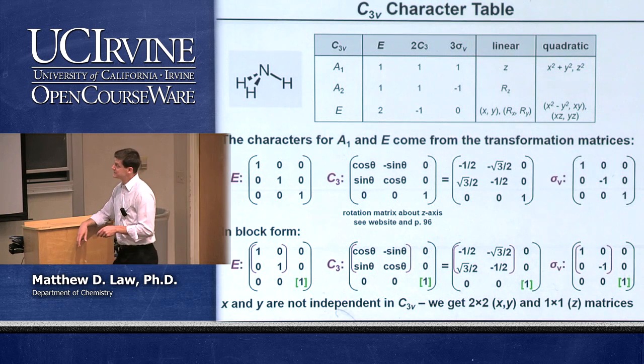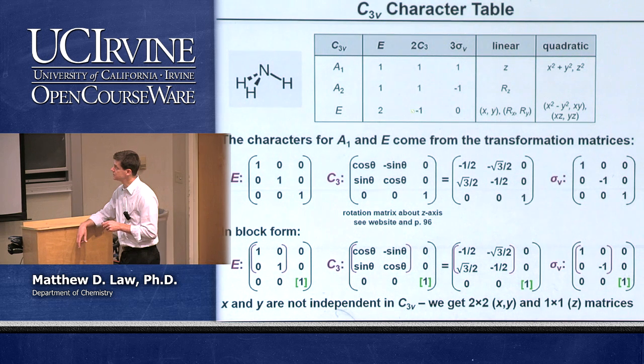Just as before, we can take the character of the 2 by 2 and the 1 by 1. The character of the 2 by 2 is, remember, the sum of the elements along the diagonal. So the sum of these two is 2, and so that's why we have a 2 under the E operation. The sum of these two is negative 1, and so that goes here. And the sum of these two is 0, and so that goes there.